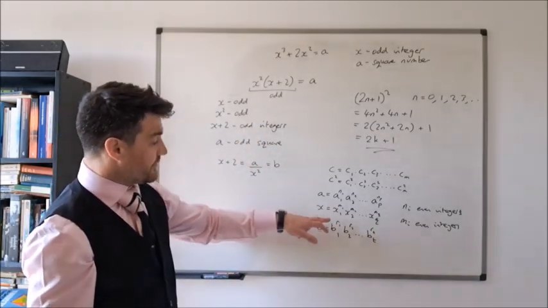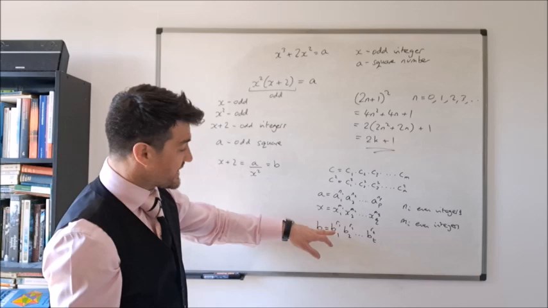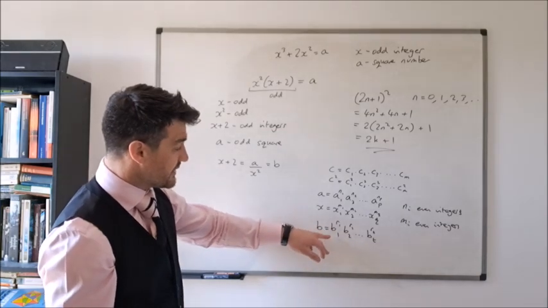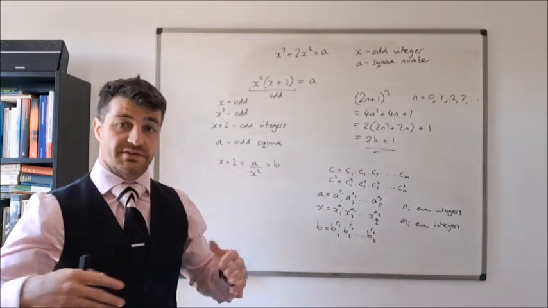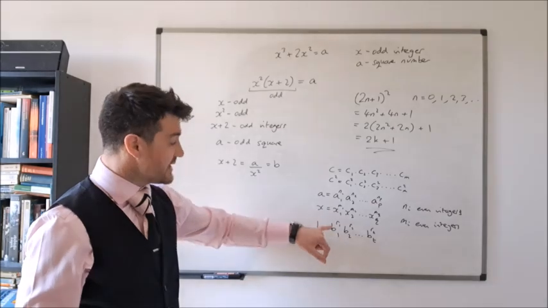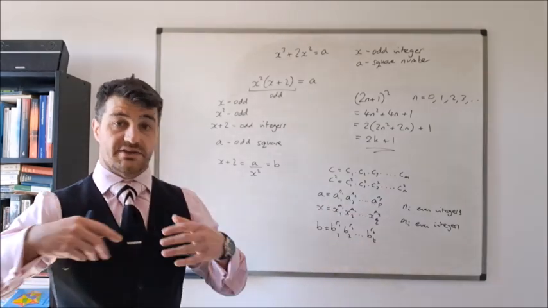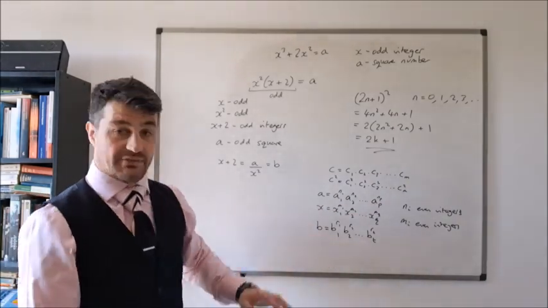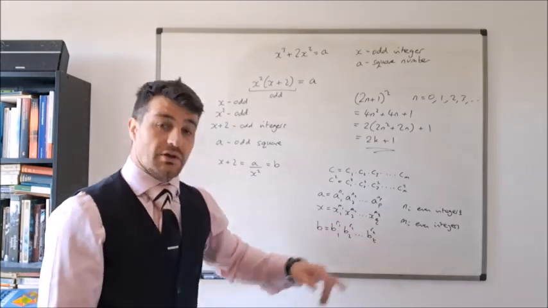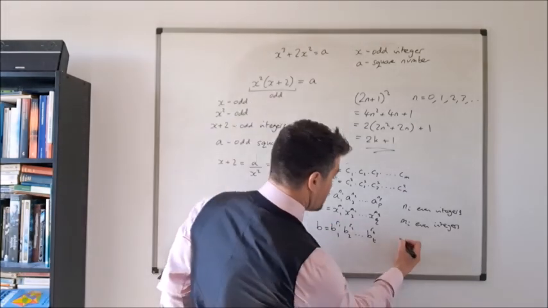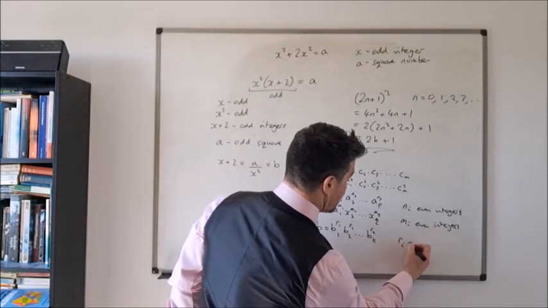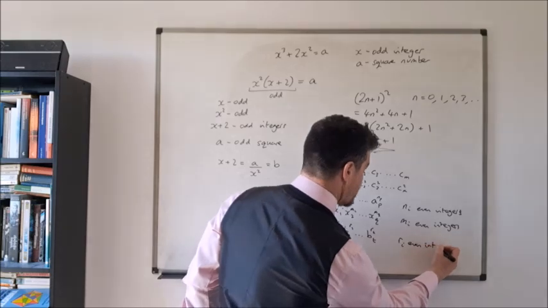So b1, b2 to bt are the prime factors of b, and r1, r2 to rt are the powers of those prime factors. They must also be even. So the ri are, again, even integers.